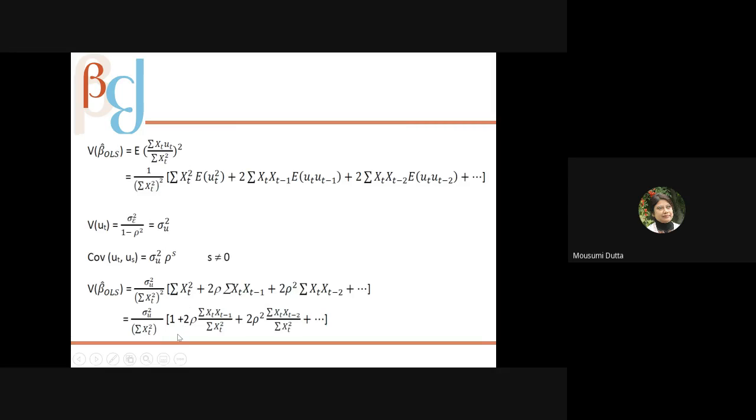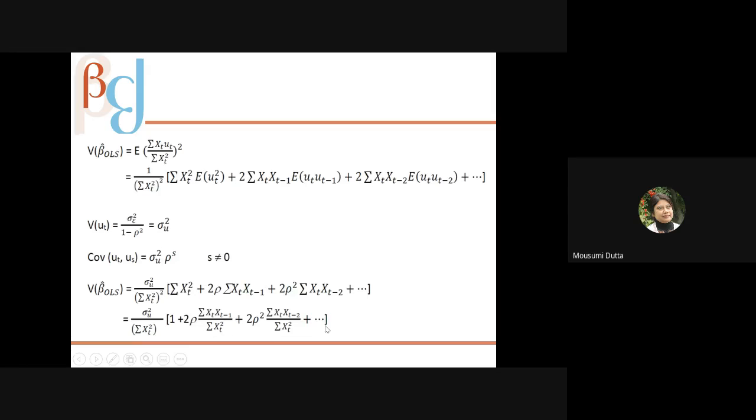So if I go on with this term, we are getting this is equivalent to sigma u square divided by summation xt square into this kind of term. Here, if I divide it by summation xt square, you will get the value 1.